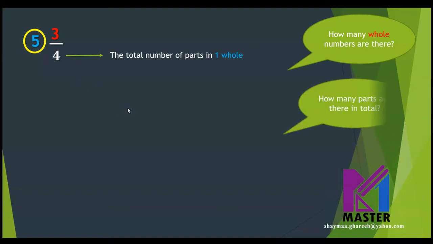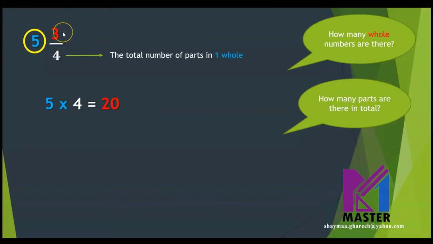So if I asked you this question, how many parts are there in total, I need to multiply the number of parts in the one whole by the whole number. 4 times 5, which is 20 parts in total. What about this 3? We said before it's the remainder.